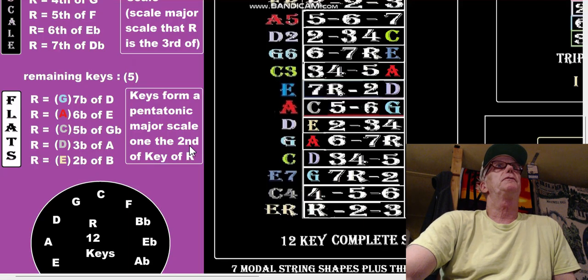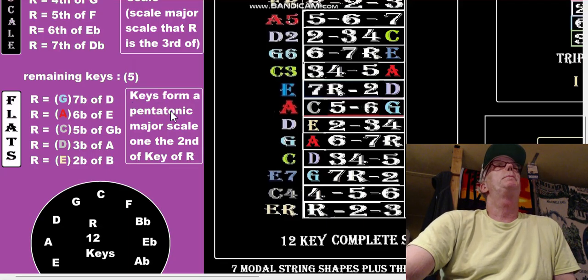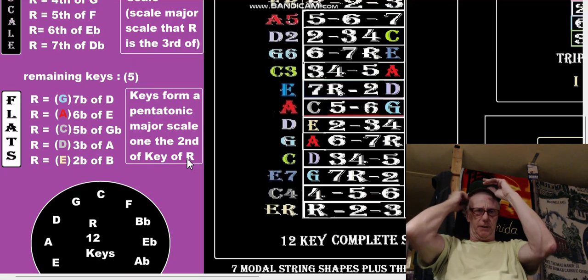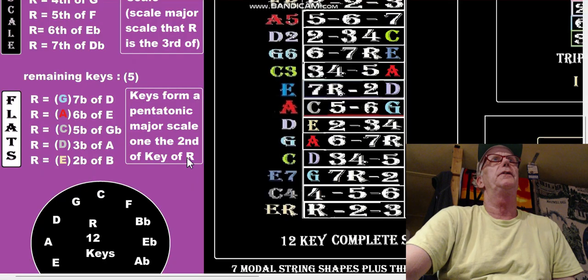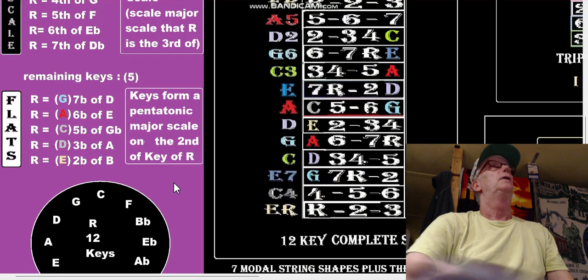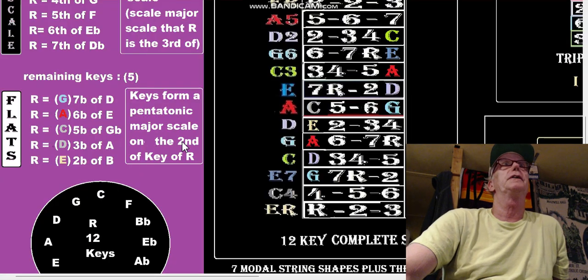Here are the other 5 keys, and what do they turn out to be? They form a pentatonic major scale 1, the 2nd of key of R. I even fixed it so that we don't get confused here.